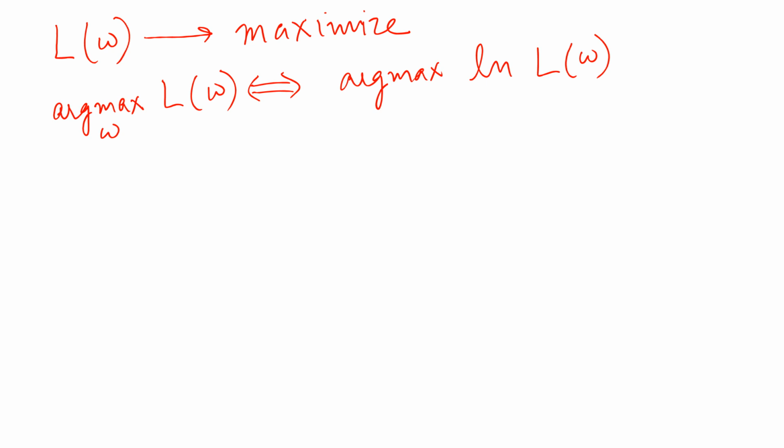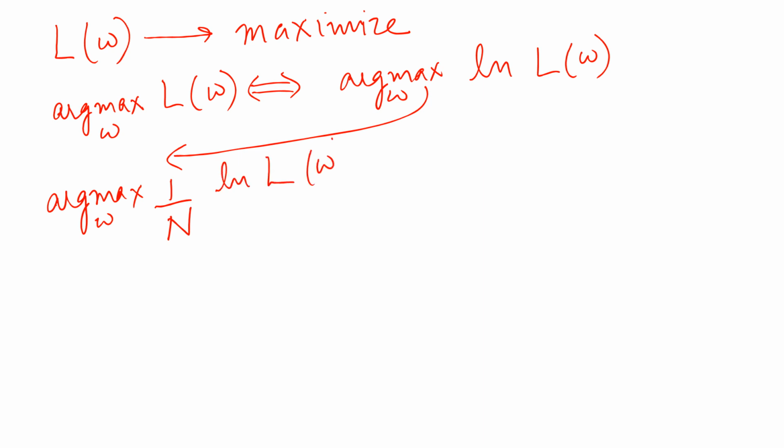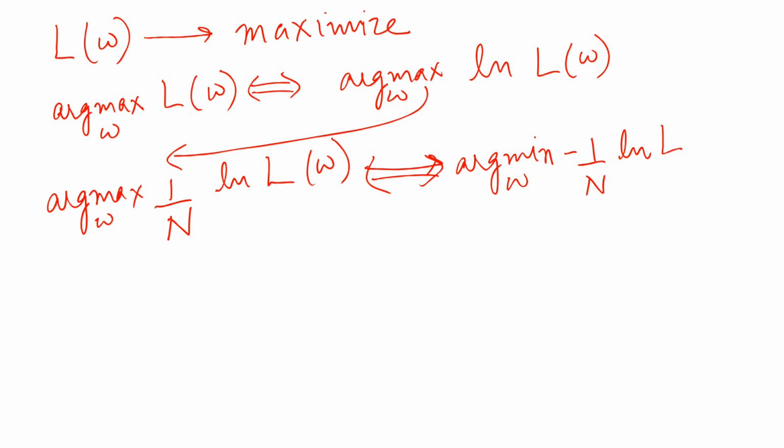And this thing further is also equivalent to saying that I'm trying to find the argmax over W of 1 over n log of L of W, which in turn is equivalent to finding the argmin of the negative of 1 over n log of L of W. To be mathematically more convenient, we choose this out of all the equivalents.